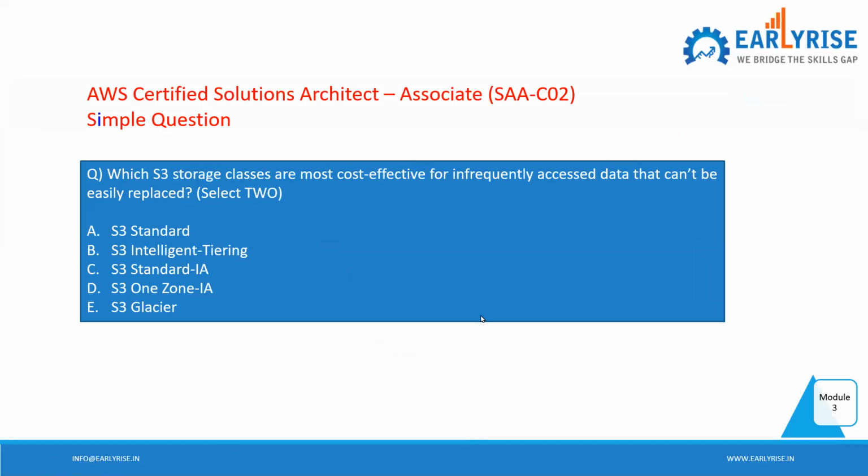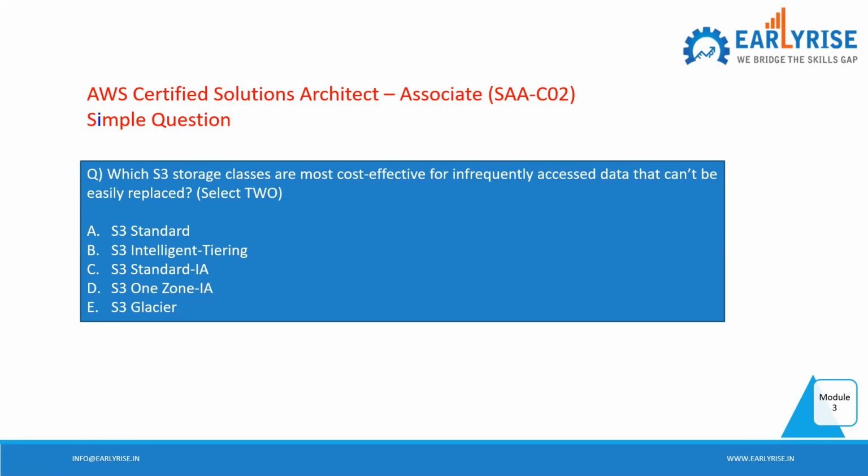Storage classes that are most cost effective for infrequently accessed data that cannot be easily replaced. C and D. I think B and C. Natras, for you, B and C. What about you, Dharma?